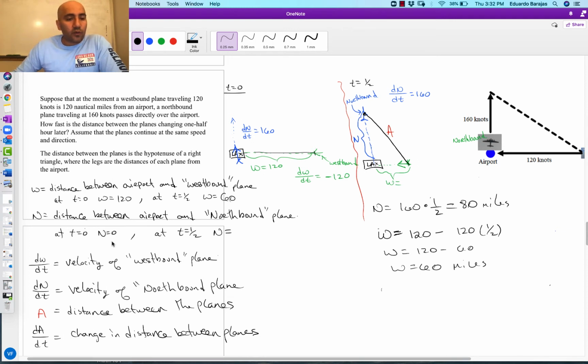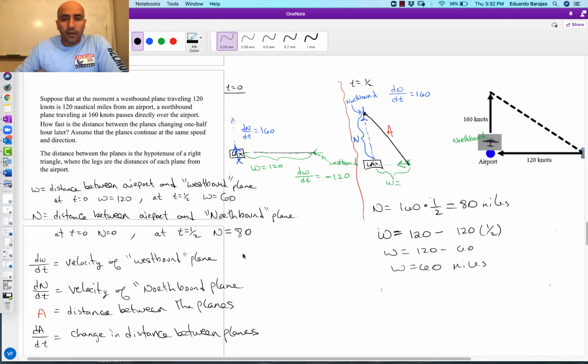Likewise, the northbound airplane, when t equals 0, n equals 0, it's right over the airport, so it's 0 miles away. Half an hour later, because the plane is traveling at a fixed speed of 160 knots, the plane is going to be 80 miles from the airport.